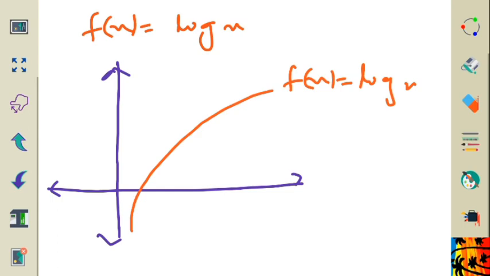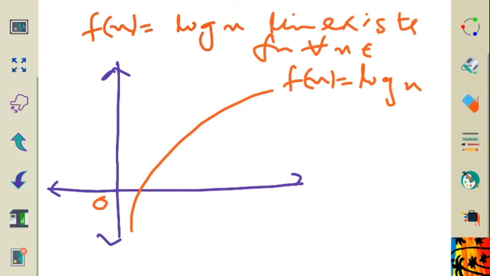But before 0, the limit doesn't exist because the function itself is not defined. So here you can say that the limit exists for all x belongs to R plus. R plus represents the set of positive real numbers. This is for log x.